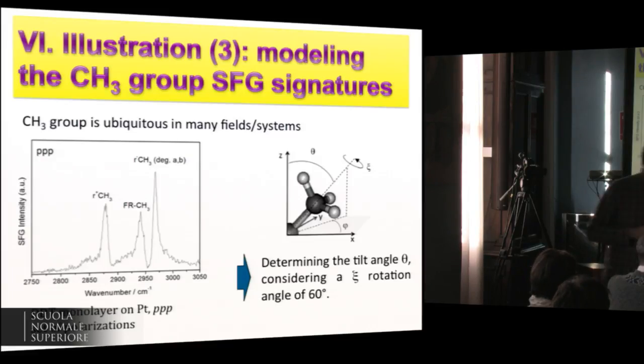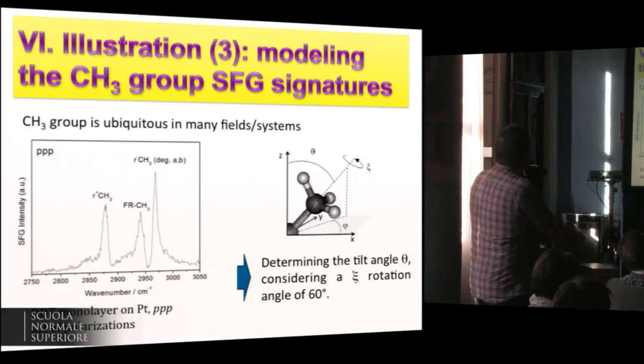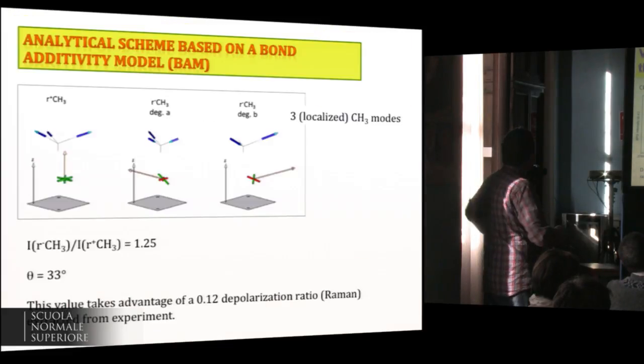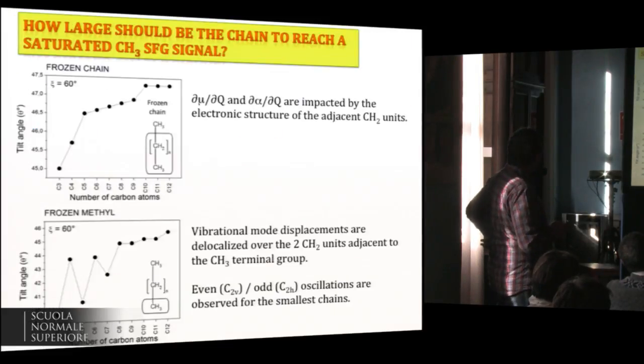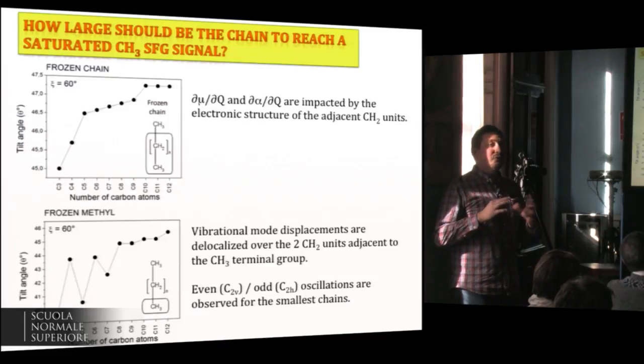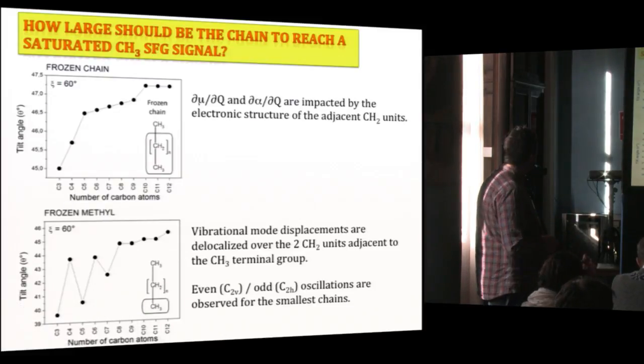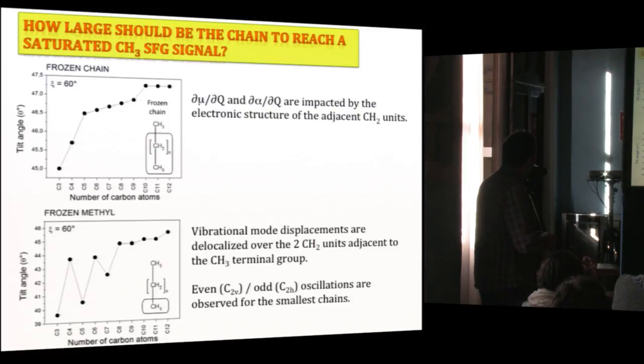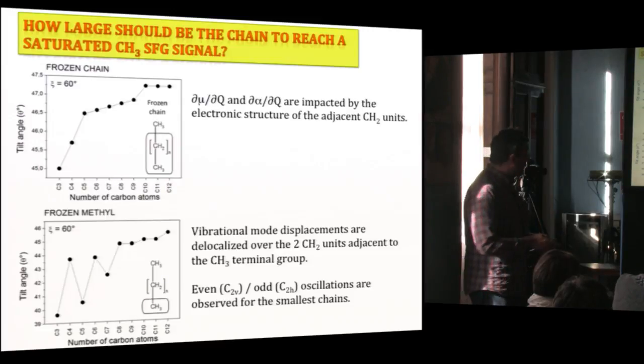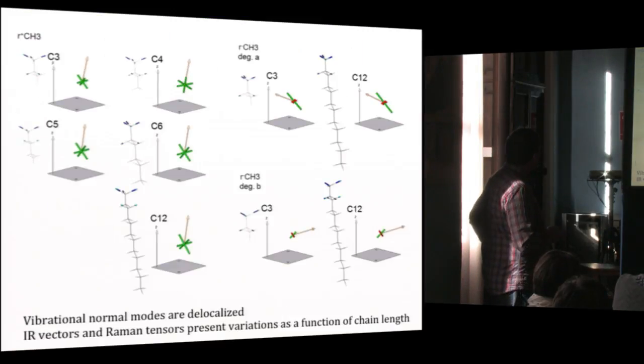Yes? So I can skip this because it's again about the CH3 group, with the exception that what we did was to freeze part of the molecule. We wanted to know where the SFG signal is coming from, and we found that to have a correct SFG signal for the CH3 group, it's necessary to include at least two CH2 units.